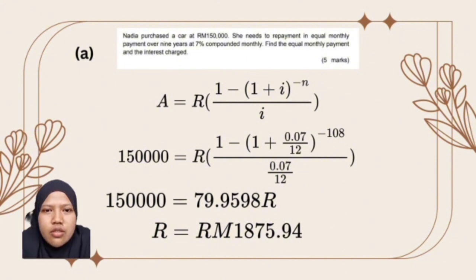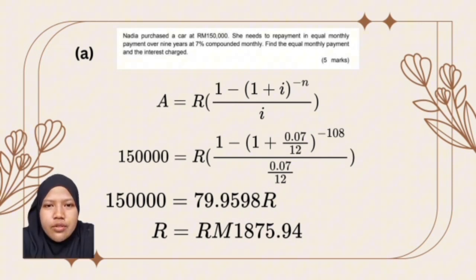Since the question asks to find the equal monthly payment, which is the value of R, we can use the present value formula, which is A equals R multiplied by 1 minus (1 plus i) to the power of negative n, then divided by i.